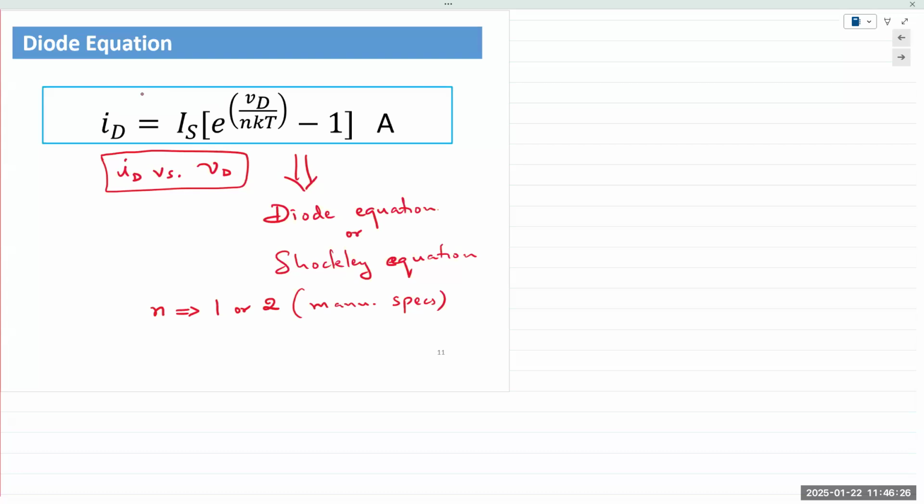Diode equation or the Shockley equation. Better is relative, it depends on the application. For the most part, for the regular diodes we use, it's always 1.